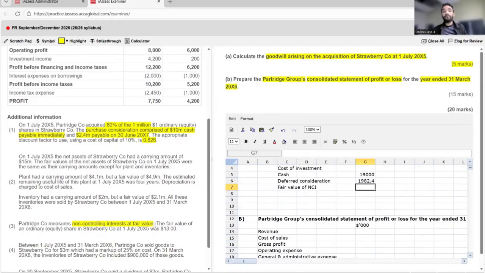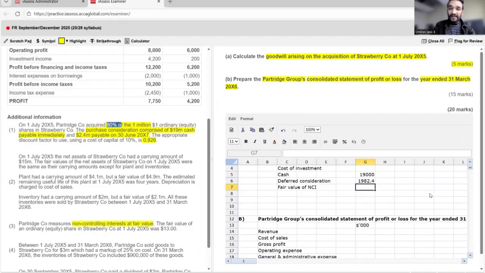We have to calculate. As a parent, there are two options. You can value the NCI using the net proportion method, and the second method is fair value, right? So what's the fair value method? Number of shares held by NCI multiplied by the share price of subsidiary. The subsidiary has 1 million shares and you have acquired 80%.